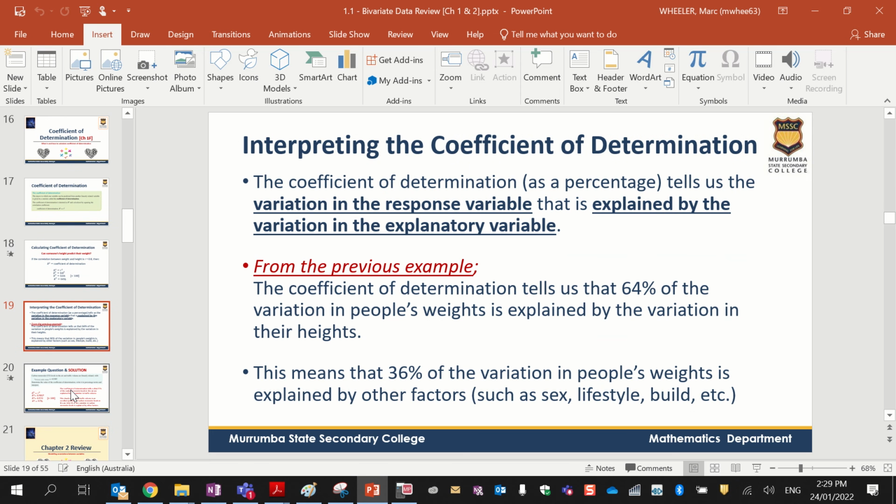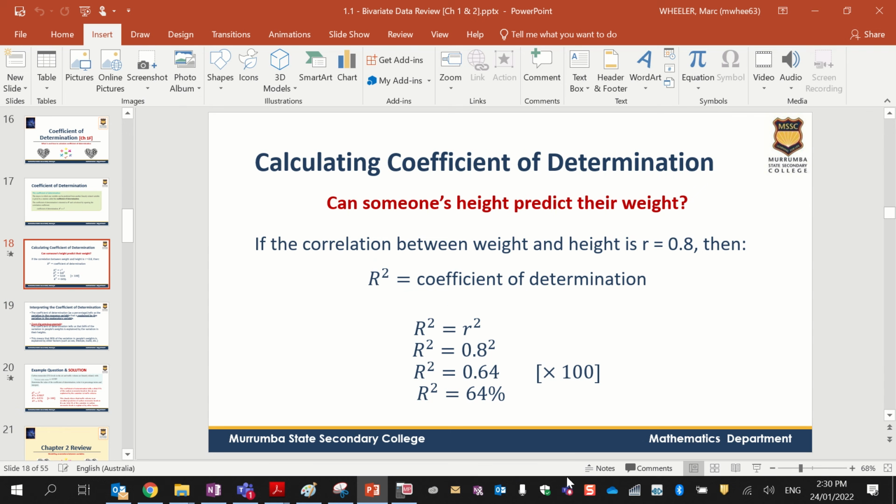So interpreting the coefficient, this is the most important thing, I guess, out of this. So the coefficient of determination as a percentage tells us the variation in the response variable that is explained by the variation in the explanatory. You did this for your assignments, your PSMTs. So the coefficient of determination tells us, so here it was 64%, and it was correlation between weight and height.